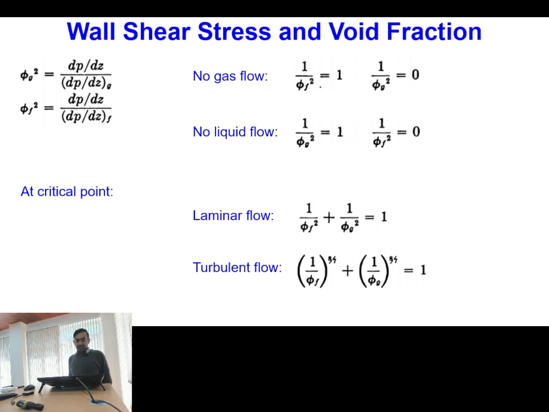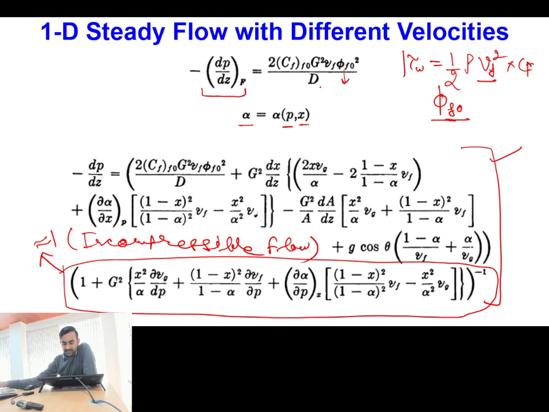So now, ultimately, we can simply apply these equations to solve for my pressure drop, but I now need to determine two parameters. The first parameter is CF and the second parameter is the two-phase multiplier.